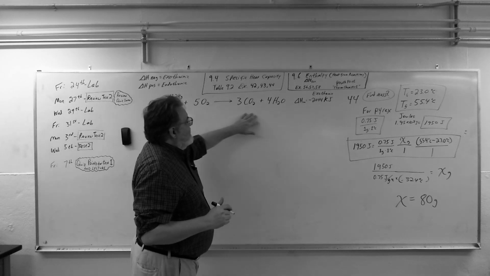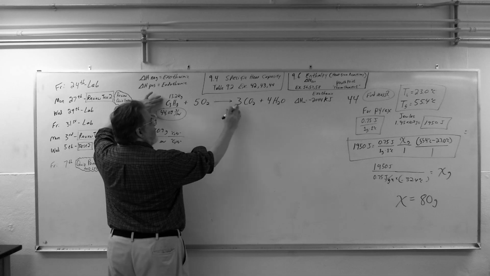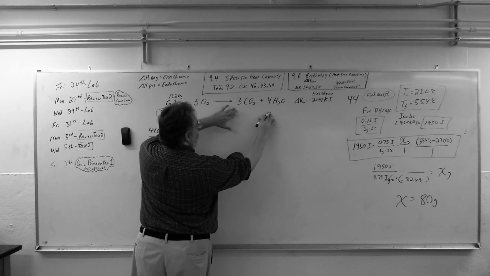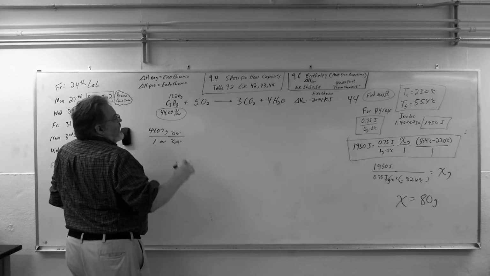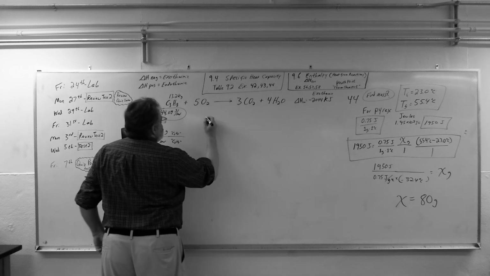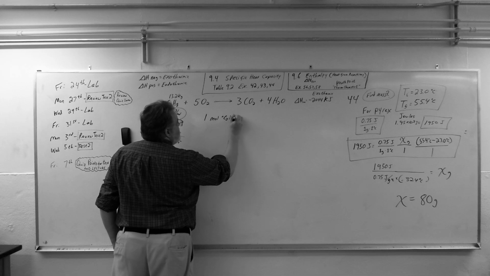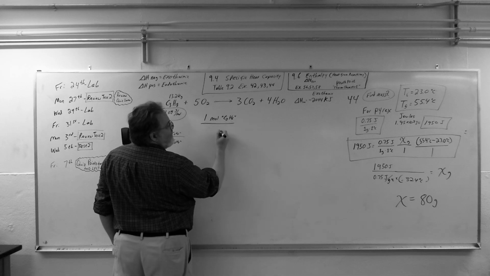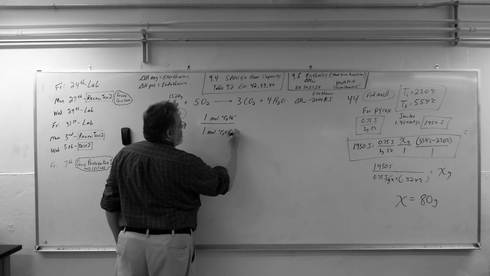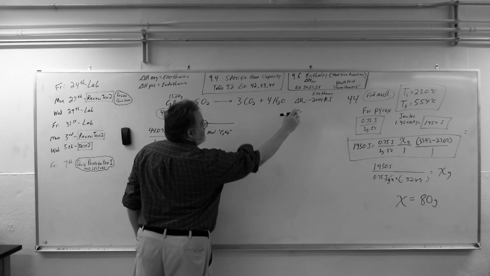Just like before when I set this up, I told you there's a molar ratio of this to this. It's 1 to 5, 1 to 3, 1 to 4, 5 to 3, 5 to 4, 3 to 4. Those molar ratios. In the same way, there are 4 relationships here related to energy, and they're this. 1 mole of C3H8. I think this works out better, usually, if you write the relationship this way. 1 mole of C3H8, negative 2044.